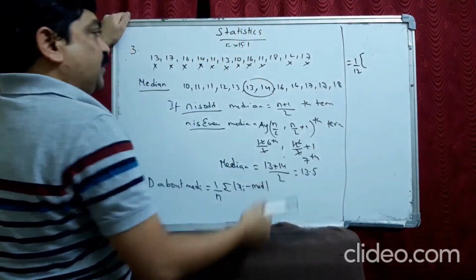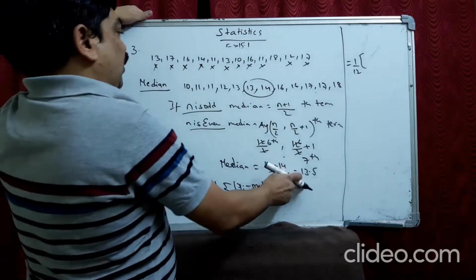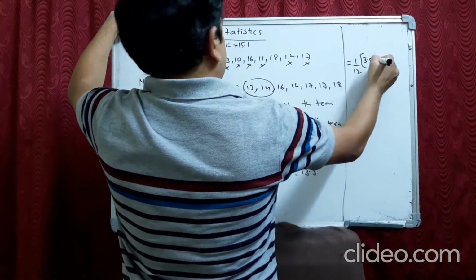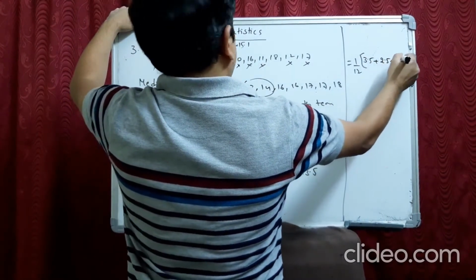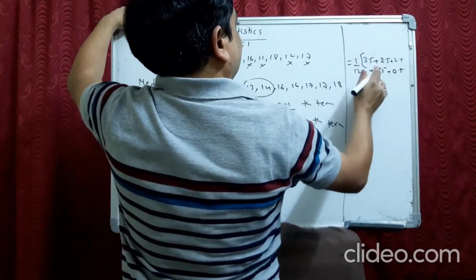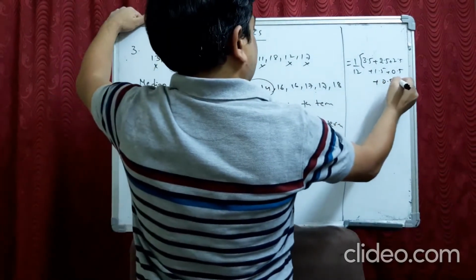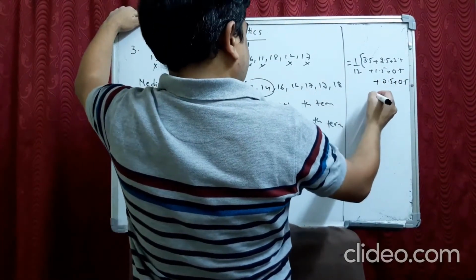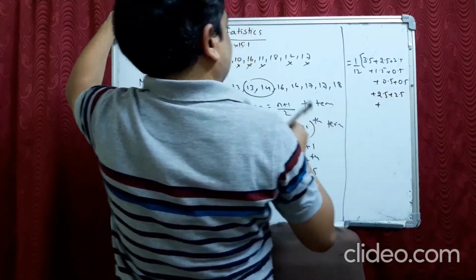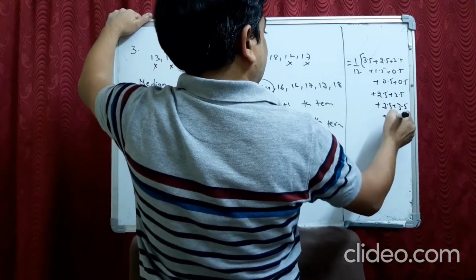We subtract 13.5 from every observation without sign. 10 minus 13.5 is 3.5, 11 minus 13.5 is 2.5, 2.5, 1.5, 0.5, 13 minus 13.5 is 0.5 again, and 0.5 again, 16 minus 13.5 is 2.5, 2.5, 17 minus 13.5 is 3.5, 3.5, plus 4.5.